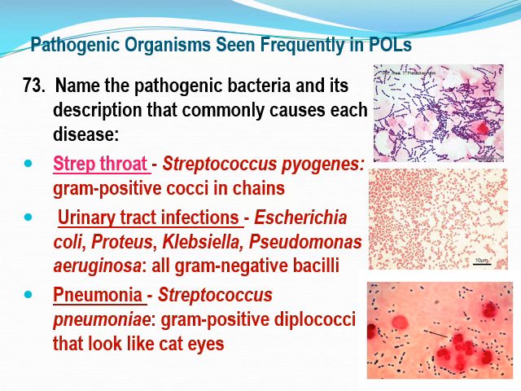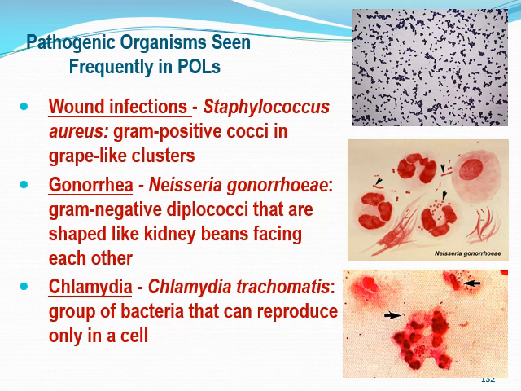Streptococcus pneumoniae, which is a gram-positive diplococci that look like little cat eyes. Y'all see that? So make sure you know these, what they look like. E. coli, Klebsiella, and Pseudomonas aeruginosa are all very common in urinary tract infections.